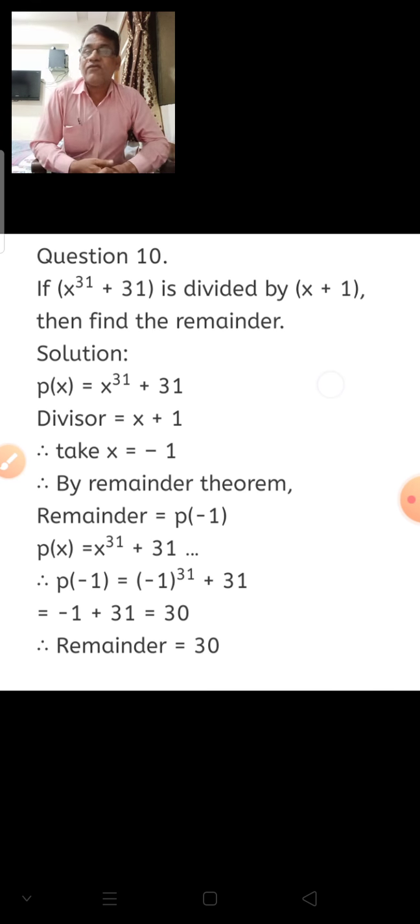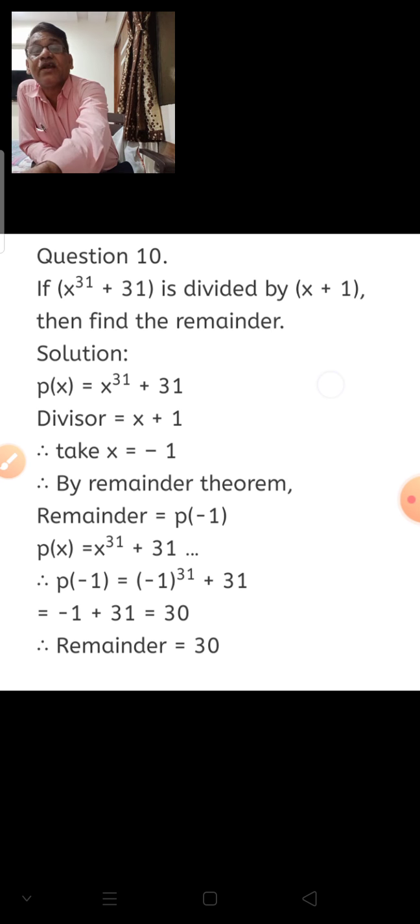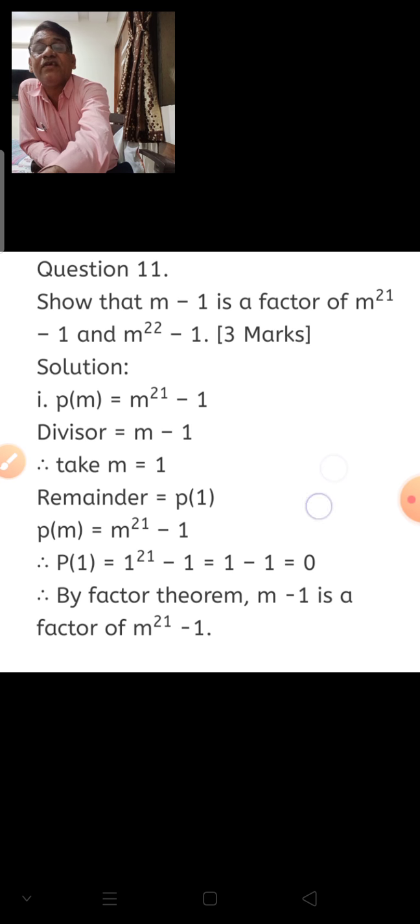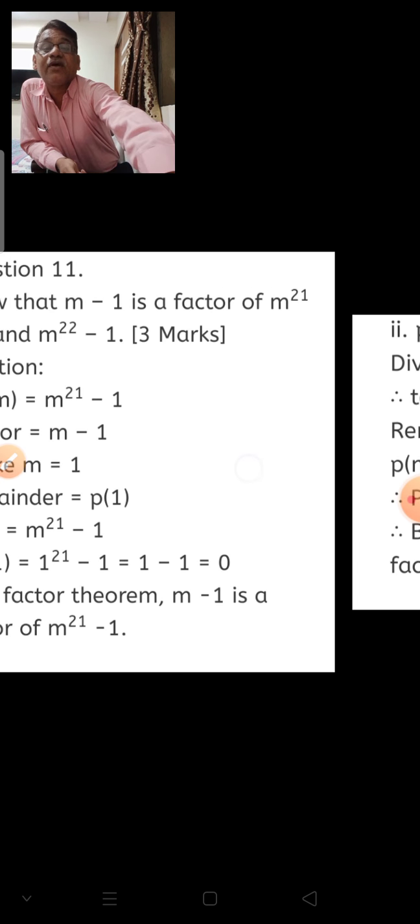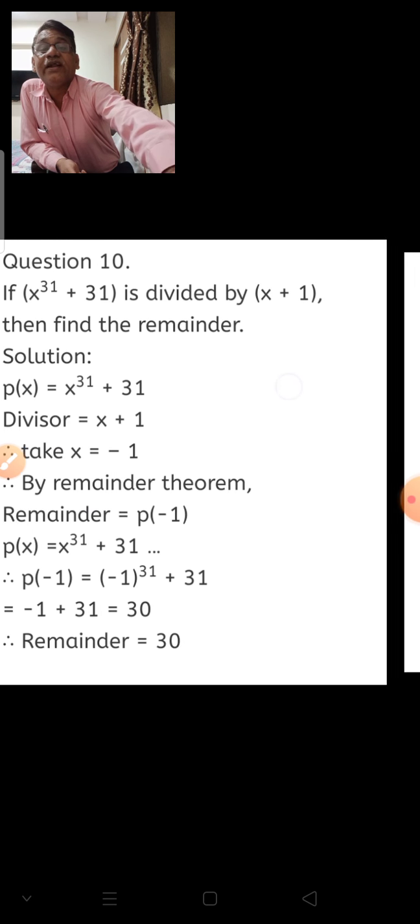Students, we have already completed question numbers 5, 6, 7, 8, 9 and 10. Now the remaining sums are there: 11, 12 and 13, so a total of 13 sums are there.